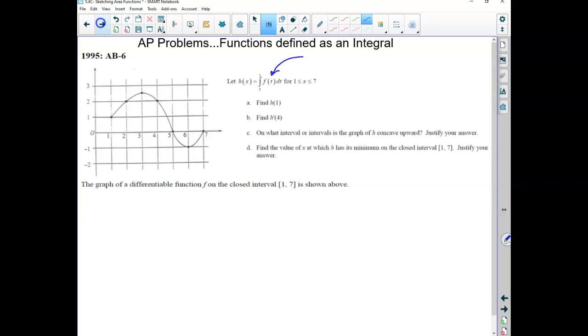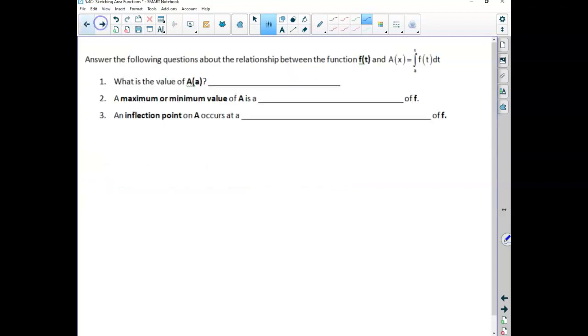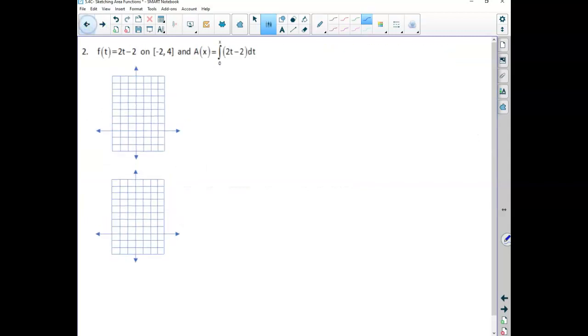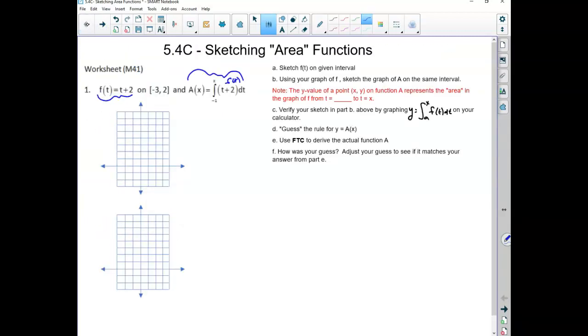But they're going to ask questions about the function, like find h of 1, find h prime of 4, for which you need to know the connections. We're going to be answering all these questions tomorrow, and we're going to connect all of our graphing, or our sketching, of an area function. And we're going to make the connections for here.